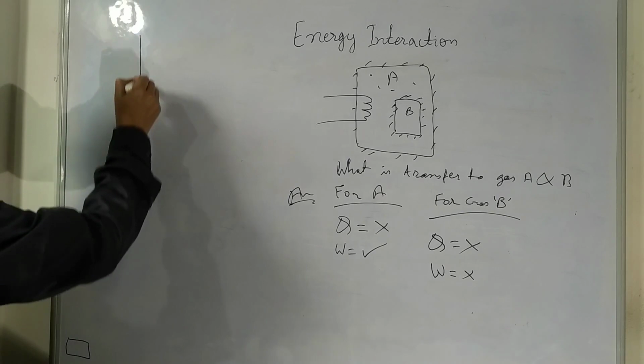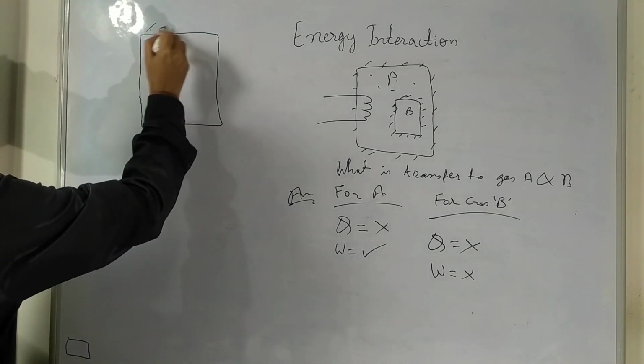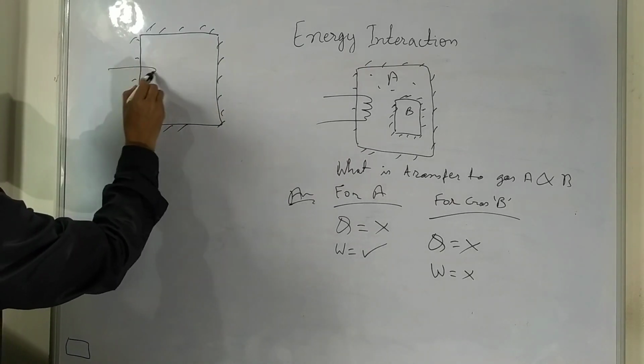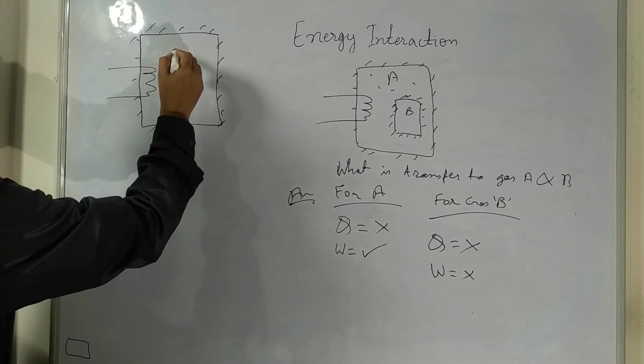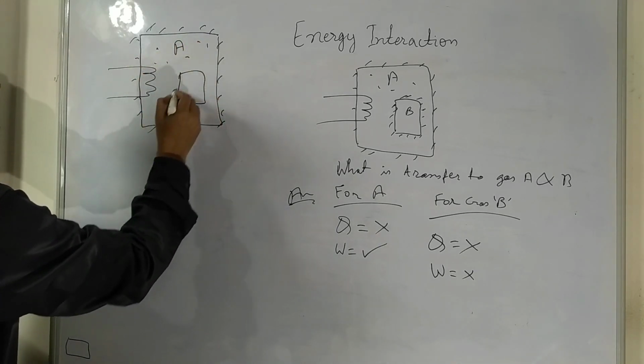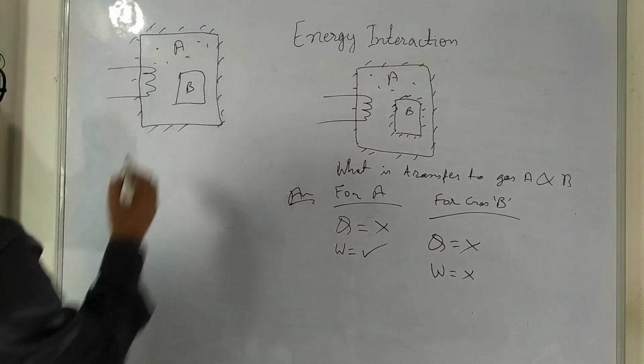In the same example, we will change a little bit. This is again our insulated system, and this is the heater, and this is gas A, and inside it there is gas B. Now it is not insulated.